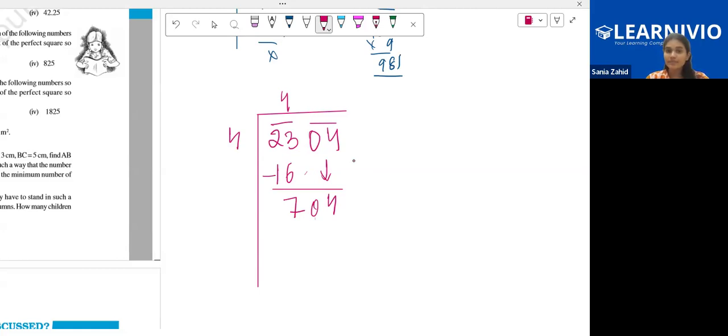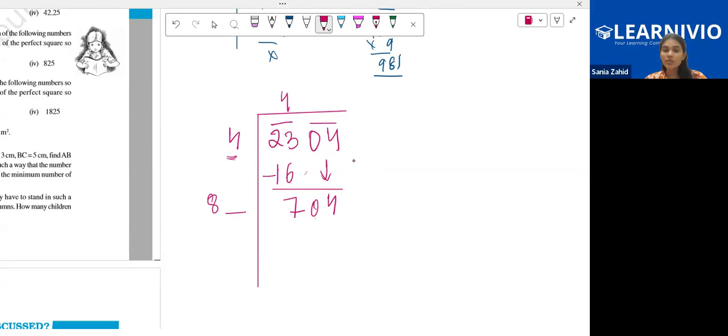What was the next step? This number, double it. Yes, we have to double the number: 8. Then we have to divide 704 by 8.